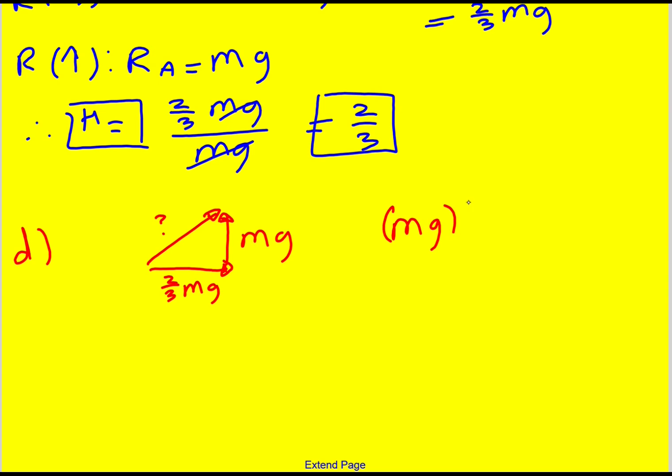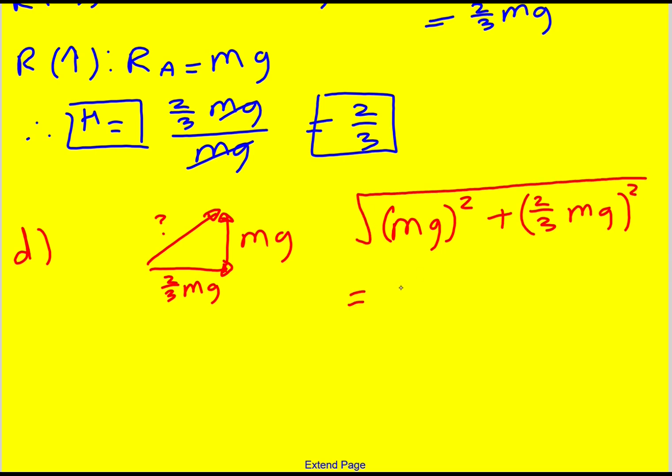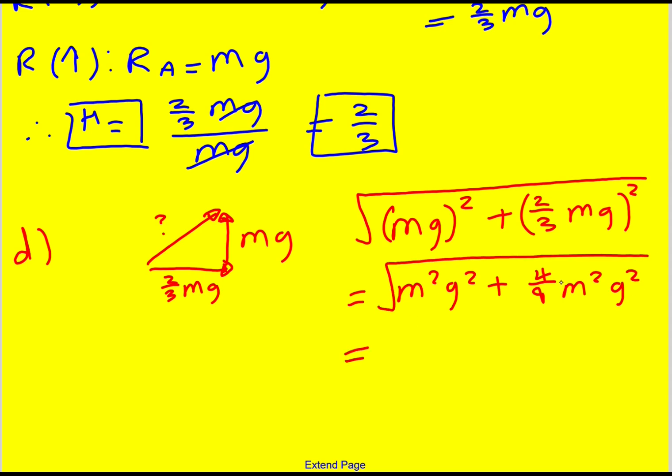I'm going to show you it in two ways. You could do the square root of mg squared plus 2/3 mg squared. That's probably how you might have done this. So we'll get the square root of m squared g squared plus 4/9 m squared g squared. 1 plus 4/9 is 13/9, so the square root of 13/9 m squared g squared gives root 13 over 3 mg.